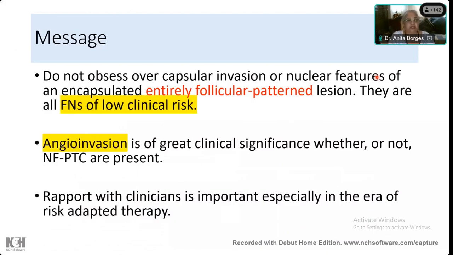So what is my message? Do not obsess over capsular invasion or nuclear features of an encapsulated entirely follicular pattern lesion, because they are all follicular neoplasms of low clinical risk, including your NIFTP and the so-called NIFTPs that are capsulo-invasive, okay?